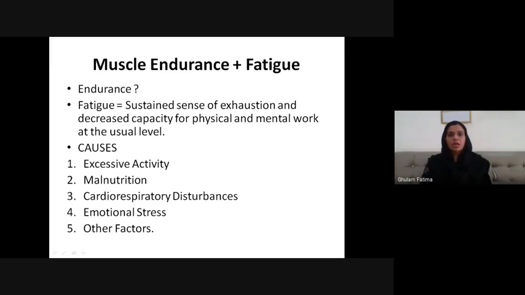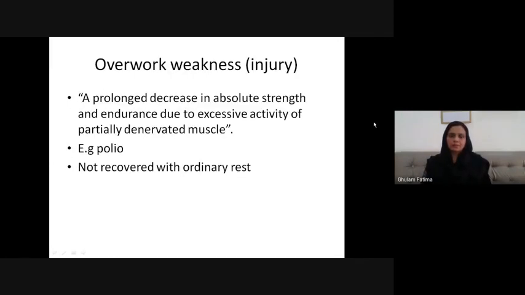The causes of fatigue can be malnutrition, cardiorespiratory disturbances. Another cause can be emotional stress, that you are not feeling like it and not feeling that enthusiastic. And there can be other factors too, mainly neurological factors, that can affect muscle endurance.